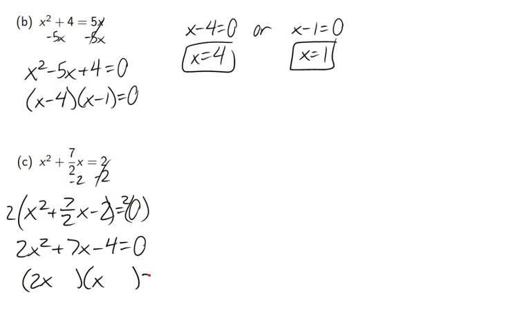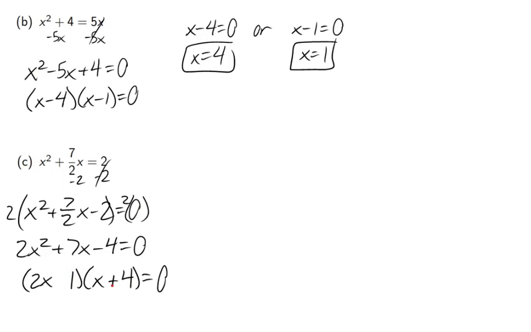So I know that 2x squared is going to be 2x and x. And then what I need to do is find two numbers that multiply to -4, and when I do all the FOIL stuff, I get 7. So my mind is going to 8. If I put the -4 here, or maybe make it a +4, then I would get an 8, and the other term would be a 1, and that does it.